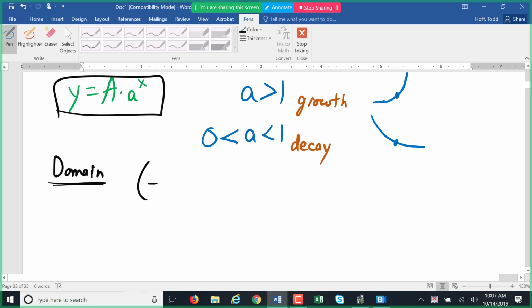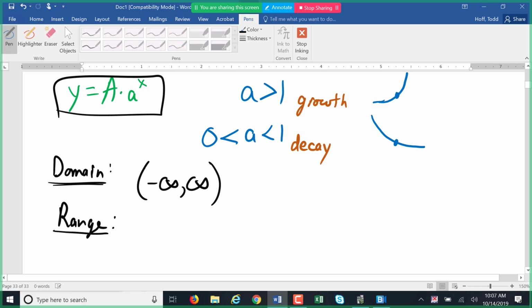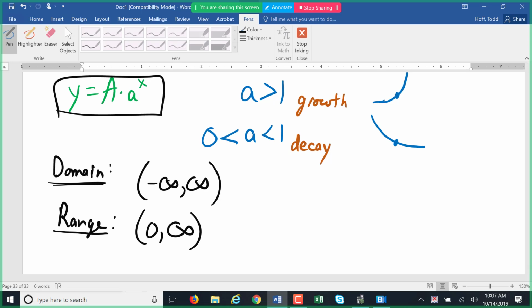The domain is negative infinity to positive infinity. The range, in the standard functions we've looked at so far, approaches 0 and then shoots off to positive infinity. Notice it never equals 0, so we have a round, non-inclusive bracket there.